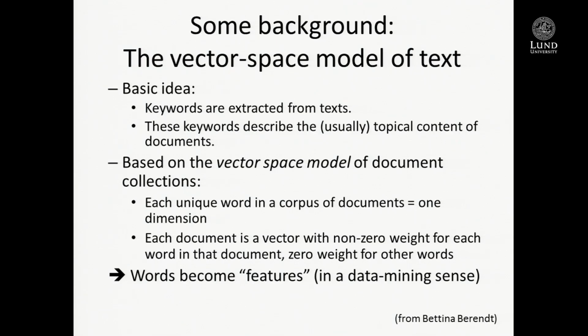So what we use here is something called the vector space model of text. The basic idea is that in each text you have some kind of keywords, some important words, and these keywords describe the topical content of the documents. So each document is characterized by one or more words that are used more than other words.